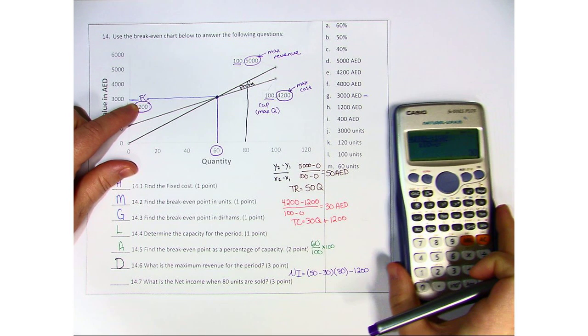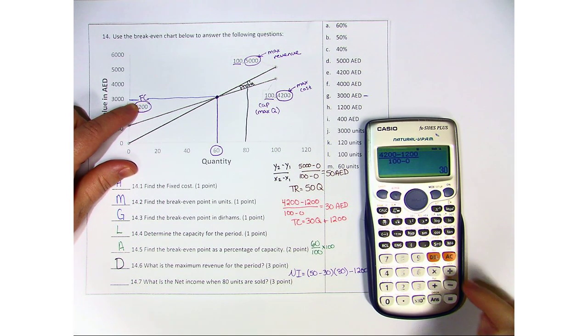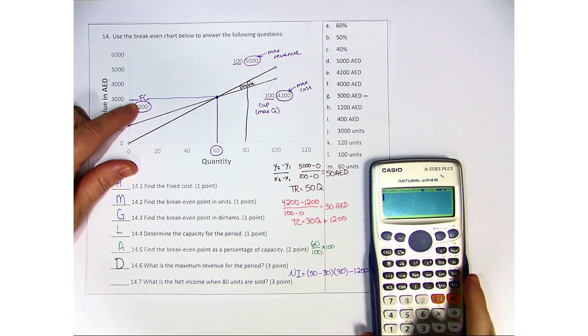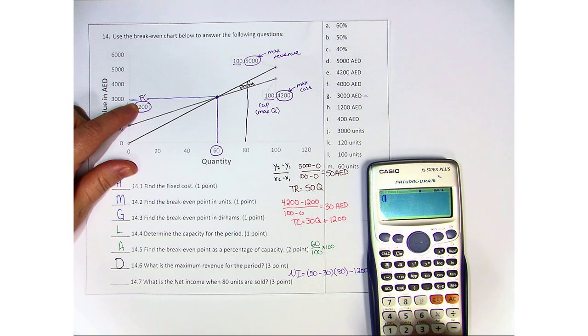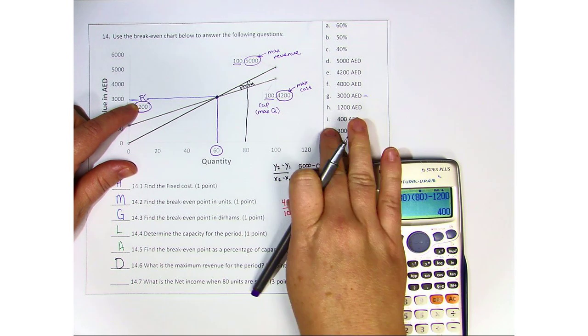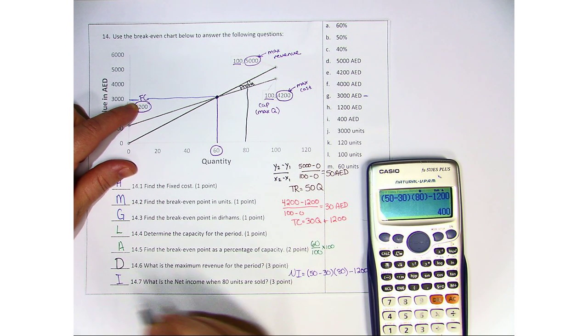And we're going to actually put this in the calculator exactly as we see it. So let's go ahead and do that now. Open bracket, 50 minus 30, close bracket, times a quantity of 80 minus 1,200 gives us a profit of 400 dirhams, our choice I.